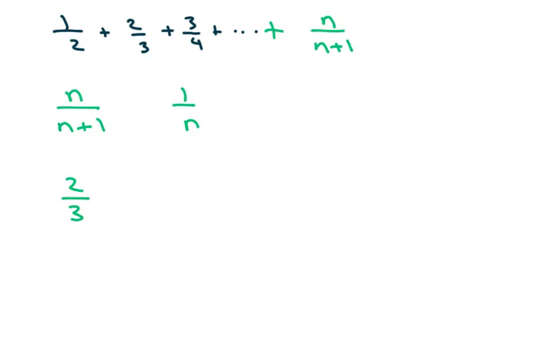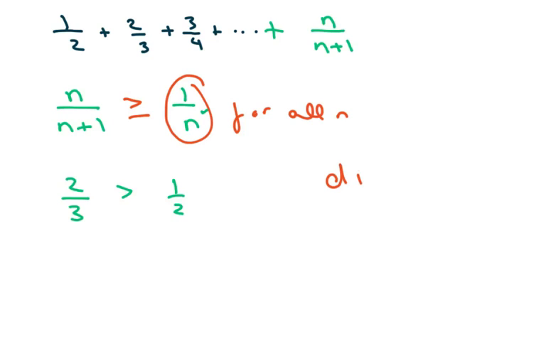And if I plug in 2 into this one, I get 1 over 2. Well, this is bigger than 1/2. So in general, this is going to be greater than or equal to 1 over n for all n. And therefore, this series is divergent.